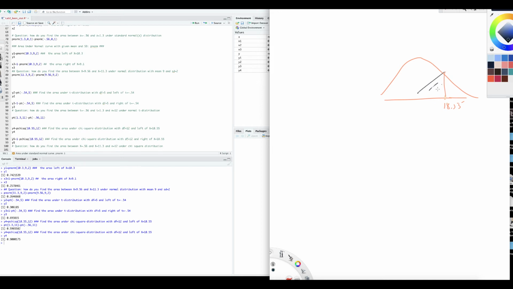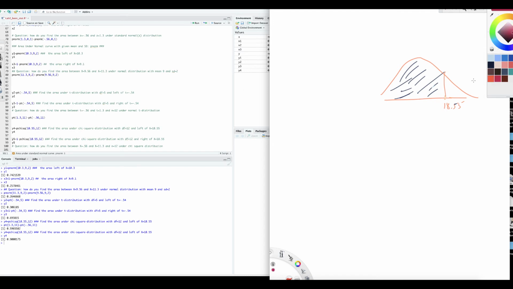The degrees of freedom is 12, which is why the 18.55 is lying on the right side. If the degrees of freedom is big, then these numbers will move to the left. So this is actually finding the area left of 18.55.